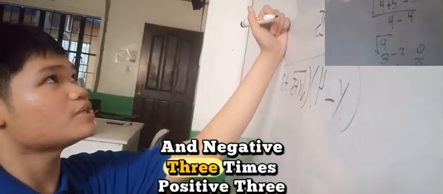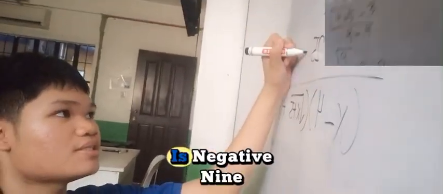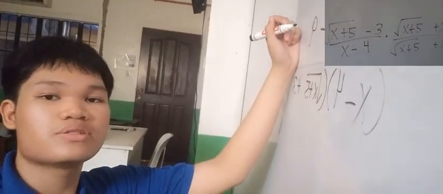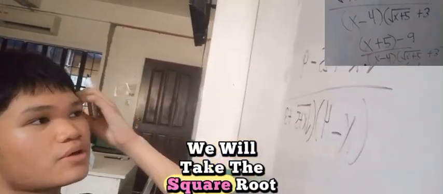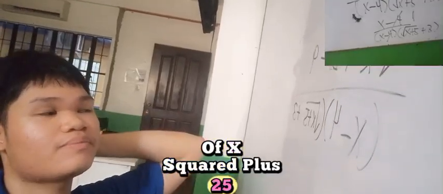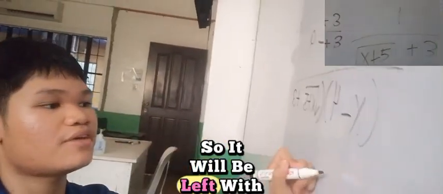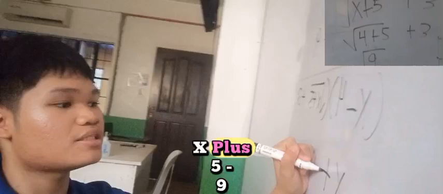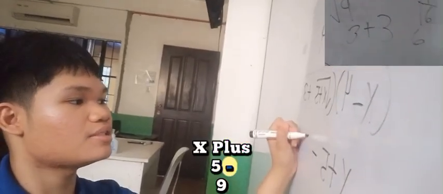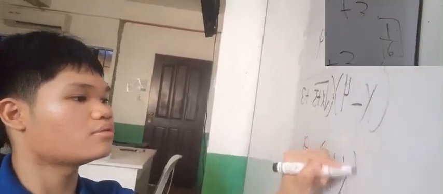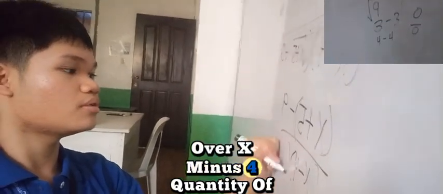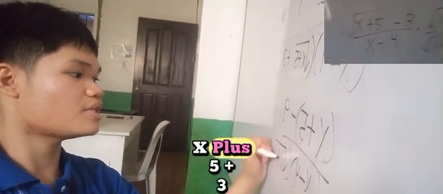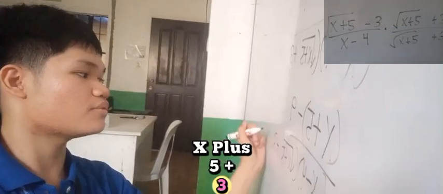And negative 3 times positive 3 is negative 9. So the next step, we will take the square root of x squared plus 25. So it will be left with x plus 5 minus 9 over x minus 4, quantity of square root of x plus 5 plus 3.